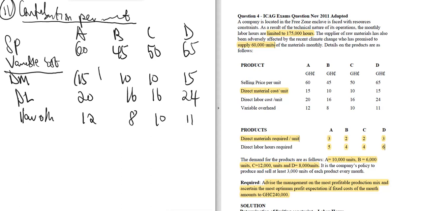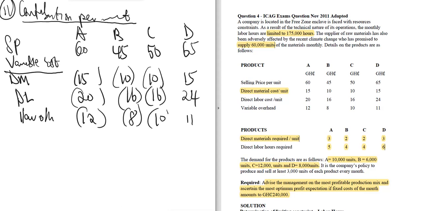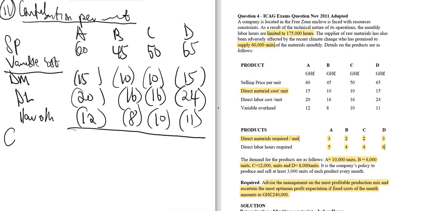Also, we know sales minus variable cost, or selling price minus all variable costs, should give us our contribution per unit. So that's one of the most important concepts in management accounting, your contribution per unit. So let's deduct. We get our contribution per unit. So what then do we get for each?